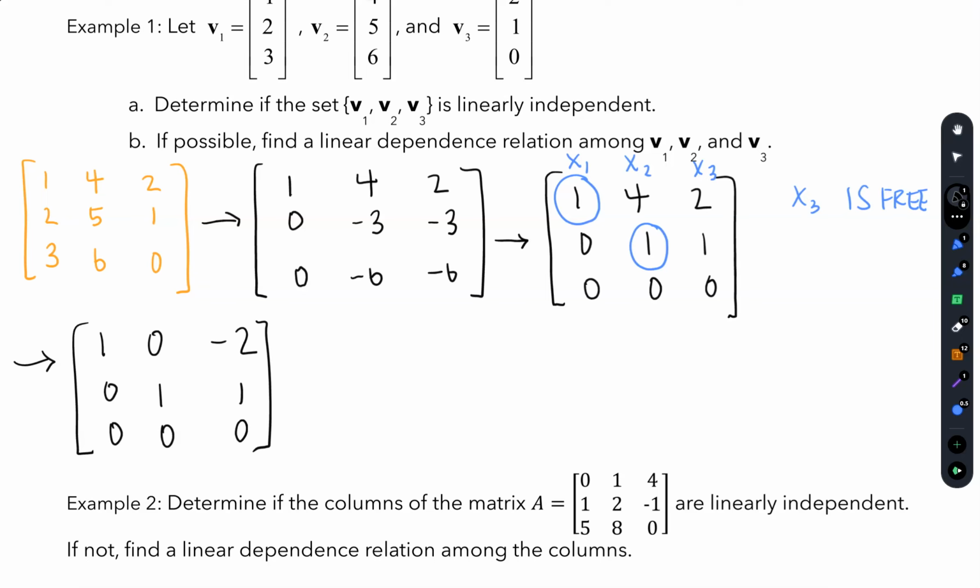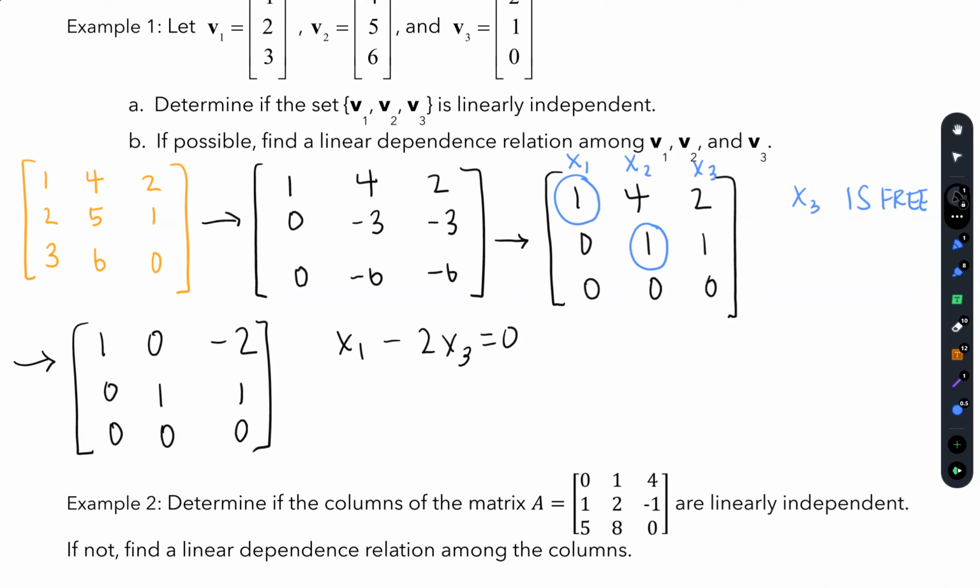Okay. So what do my solutions look like? So x3 is what? It's free. So x3 is free, right? So I put it as a coefficient matrix, right? So let's think about this. This is x1 minus 2x3 is equal to what? 0.